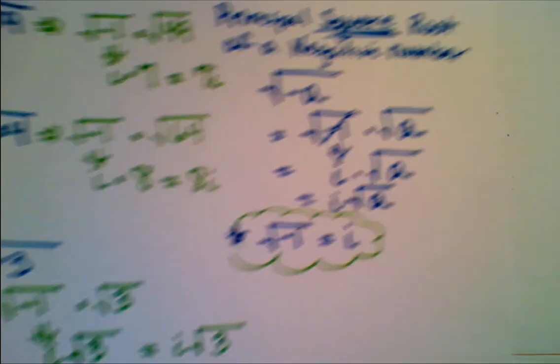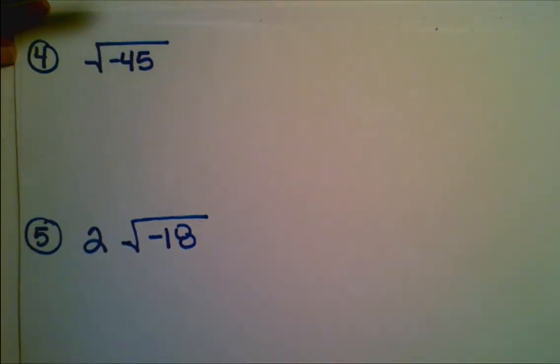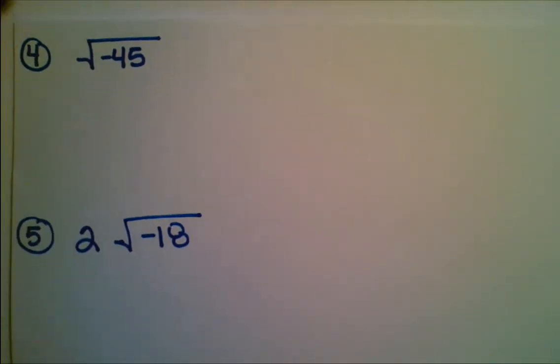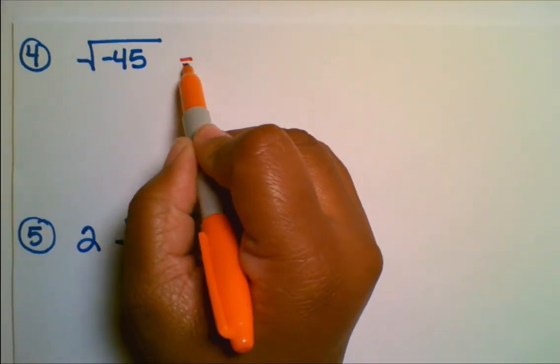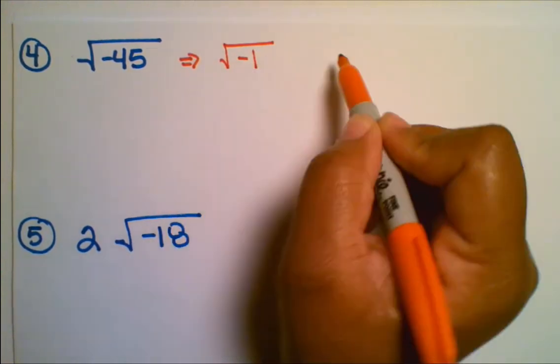Let's do two more of this one. Number 4, we have the square root of negative 45. We're going to write this as two separate radicals, taking out the negative 1 factor.